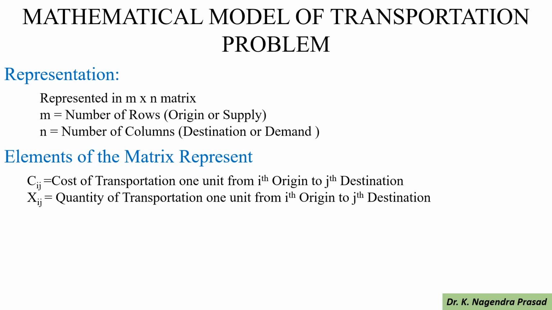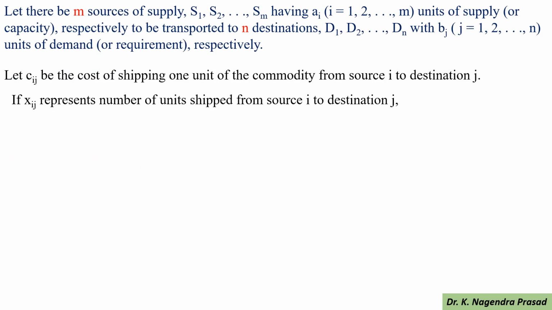The other elements are the quantity transported from the ith origin to the jth destination. This is represented by Xij. Let there be m sources of supply, that is S1, S2 up to Sm, having A1 up to Am units of supply respectively, to be transported to n destinations, that is D1, D2 up to Dn, with Bj units of demand respectively.